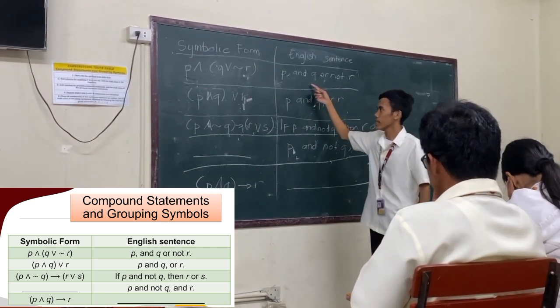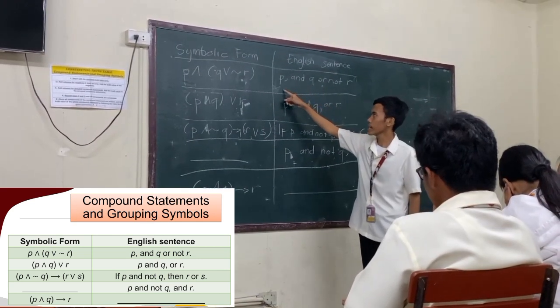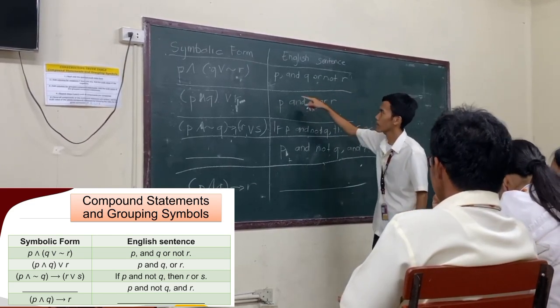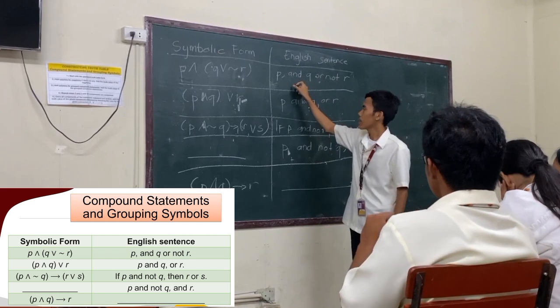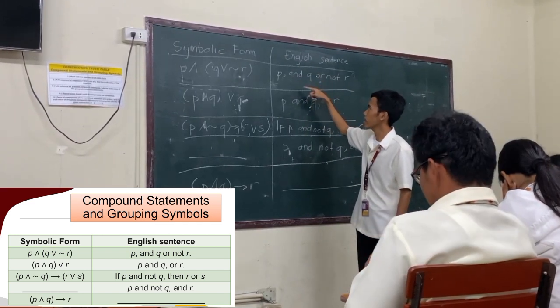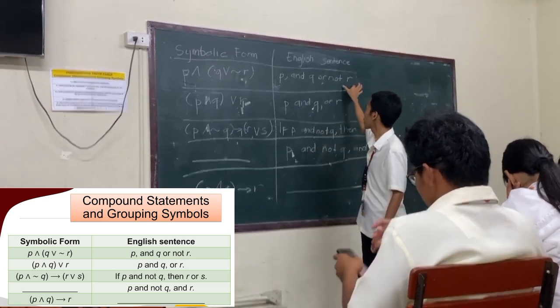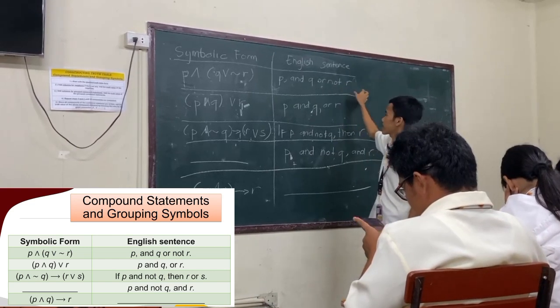So now, in English sentence, P, comma, Q or not R. So malalaman natin kung which statements are grouped together by looking at the comma. So Q or not R.